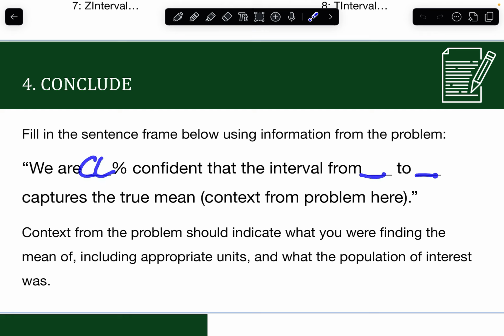These are the boundaries that you found for your confidence interval, the 2 answers that came out of your do step. And context from the problem should include what you were finding the mean of, true mean height of all U.S. adult men, and the population of interest.